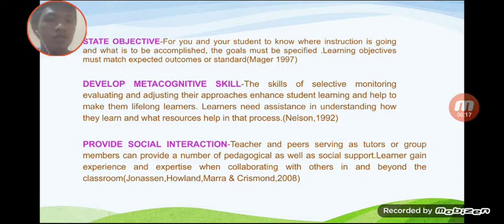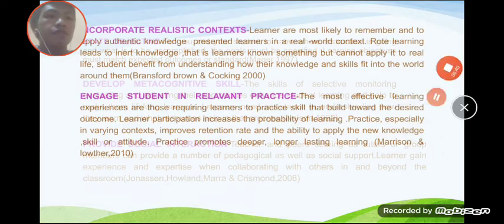And next, develop metacognitive skills. The skills of selective monitoring, evaluating, and adjusting their approach enhance student learning and help to make them lifelong learners. Learners need assistance in understanding how they learn and what resources help in that process.